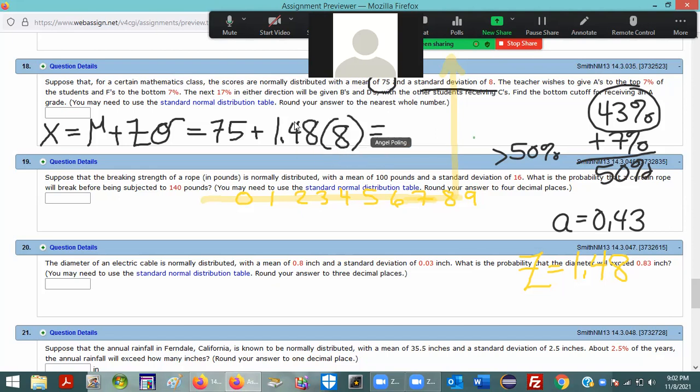Right, so we have 8 times 1.48 plus 75 equals 86.84. Round your answer to the nearest whole number. We expect 87 to be the grade at which you get an A, right?